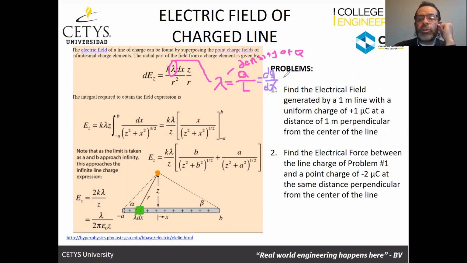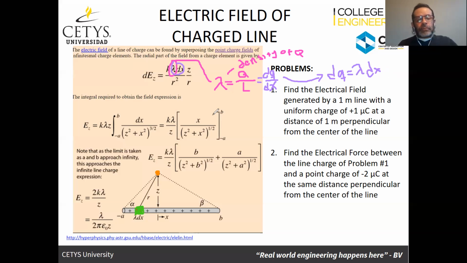And therefore, dq, the differential of the charge, is equal to lambda multiplied by the differential of the distance. This is basically what we have here.